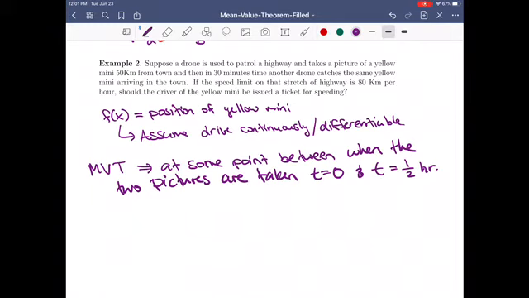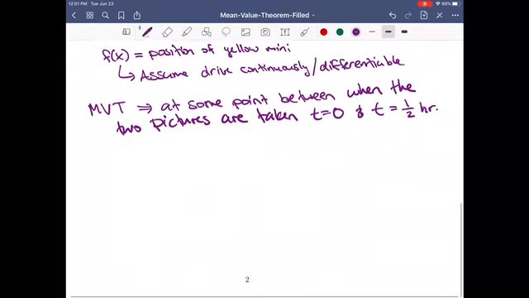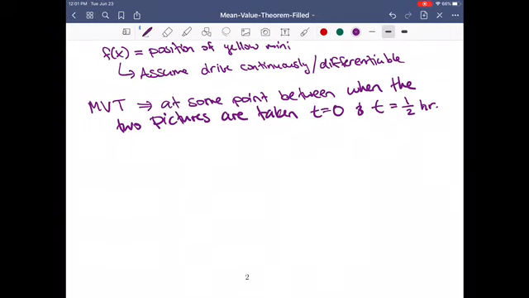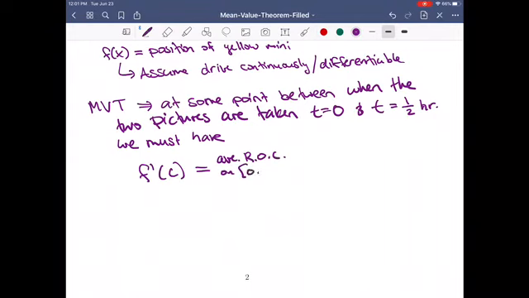So at some point between the time when the two pictures are taken, we must have f prime of c equal to the average rate of change on the interval from 0 to 1/2.